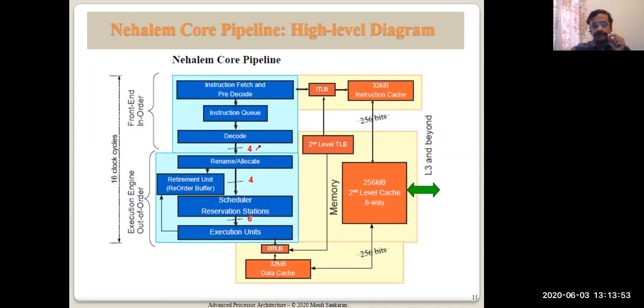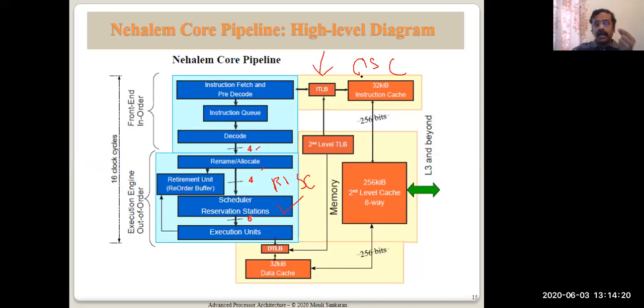Now, what are these? If you recall, I told you that Nehalem, or any Intel processor, implements CISC type of instructions for the outside world, and uses RISC type of instructions for the superscalar functionality.